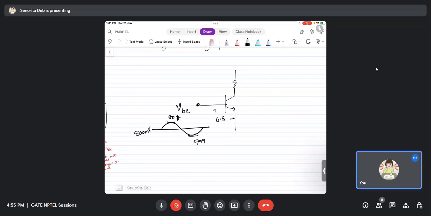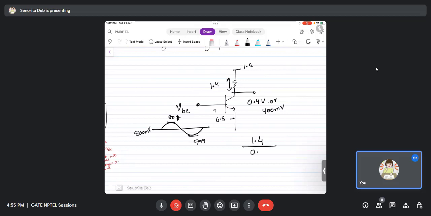So what I'm trying to do is make VCE 400 millivolts. So if VCE is 400 and this is 1.8, that means the drop across RC is 1.4 volt, with the same IC.